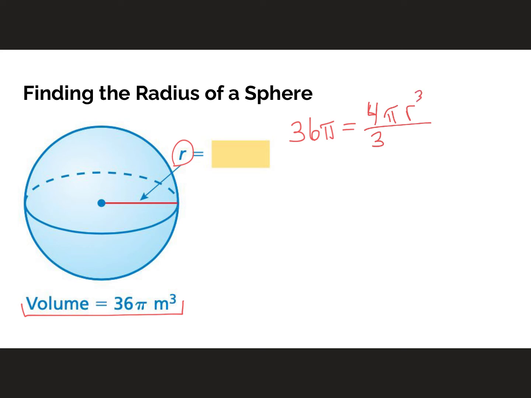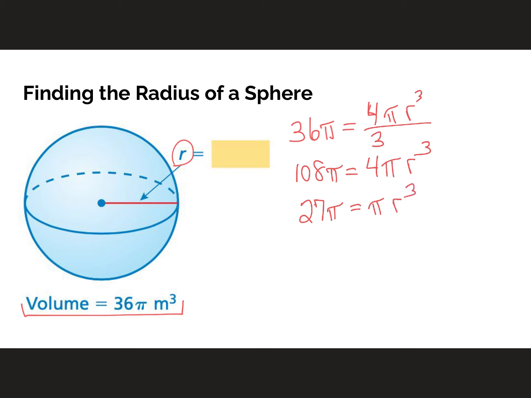So I'm going to multiply both sides by 3. 36 times 3 gives me 108. So I have 108 pi equals 4 times pi times my radius cubed. When I divide by 4, I get 27 pi equals pi times my radius cubed.